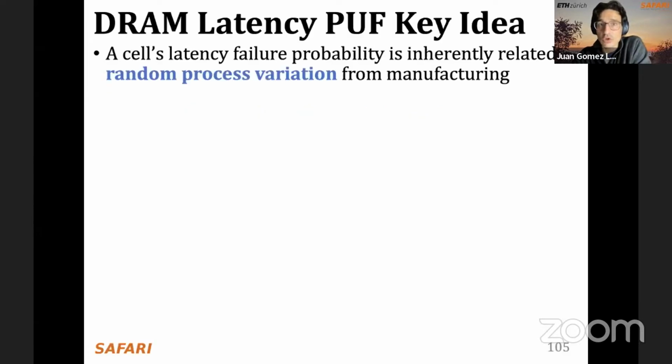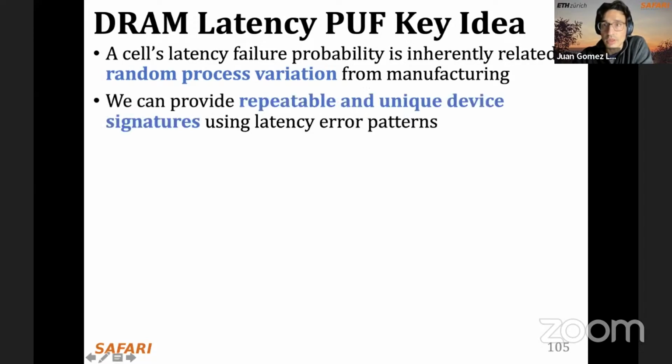And in that sense, our group has proposed several works to generate physically unclonable functions or random numbers in memory that can clearly benefit the security of the overall system, right? The first of these ideas, the DRAM Latency PUF, is based on exploiting the random process variation that comes from manufacturing.